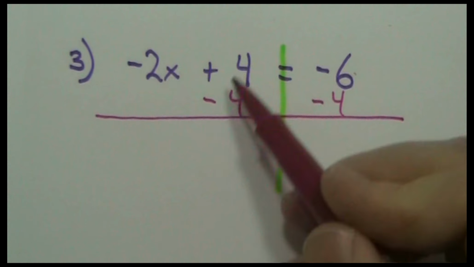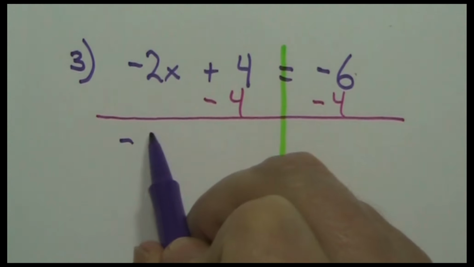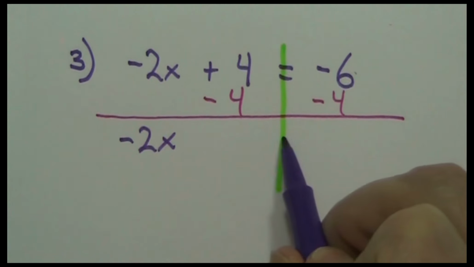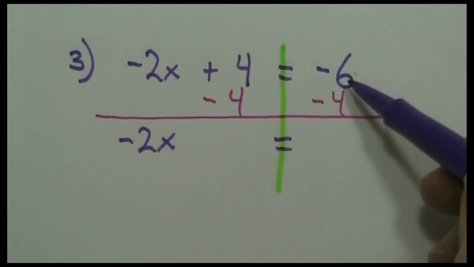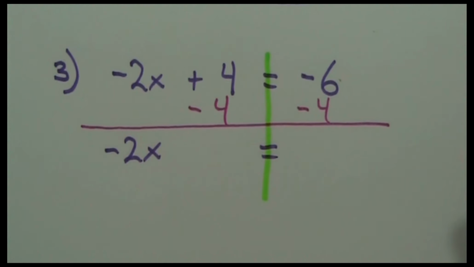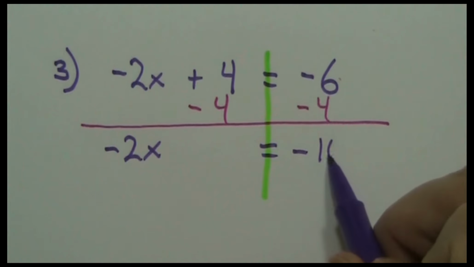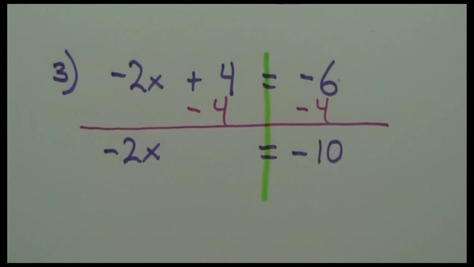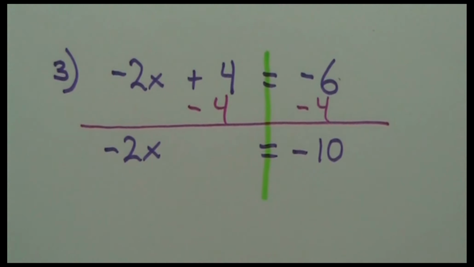This will reduce to 0. Negative 2x on the left, on the right, 6 negatives and 4 negatives. That's a total of 10 negatives. The negatives don't cancel. That's only when you're multiplying or dividing.